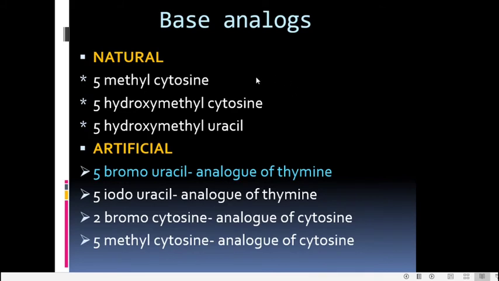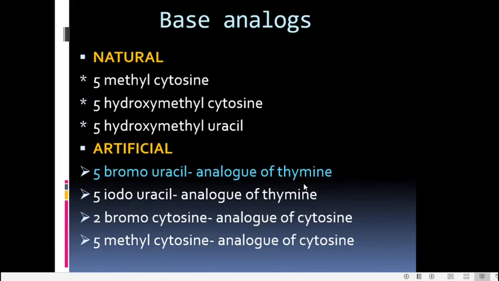So when DNA replication takes place in a medium containing these analogues, when the new strand is being synthesized, an analog can be incorporated into the new strand instead of a normal base. So if DNA replication takes place in a medium containing base analogues, they can sometimes replace the normal bases in DNA.